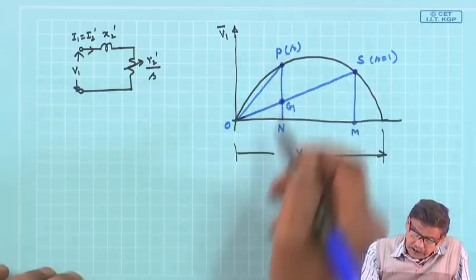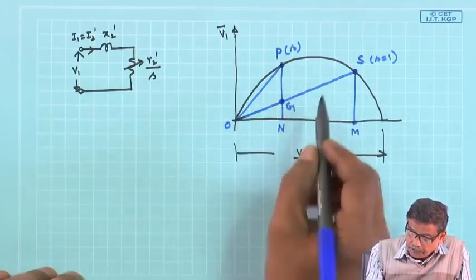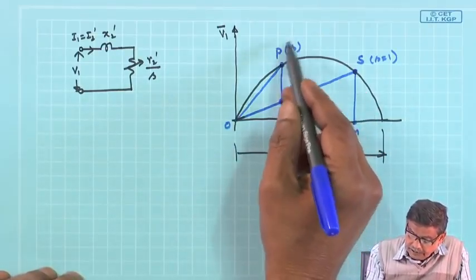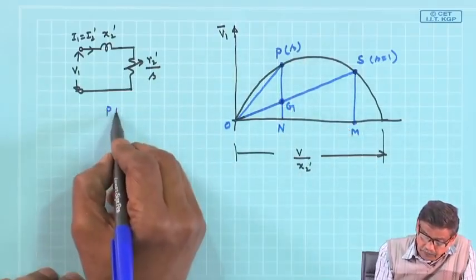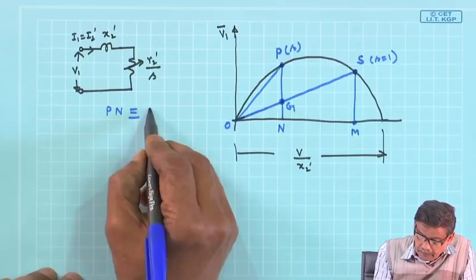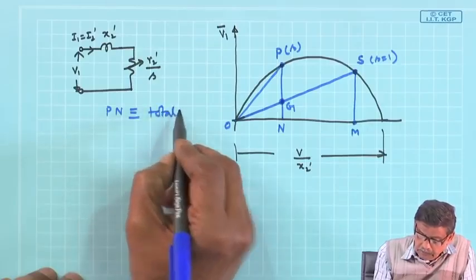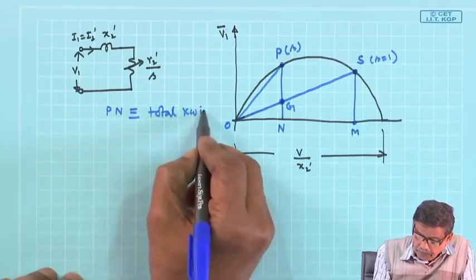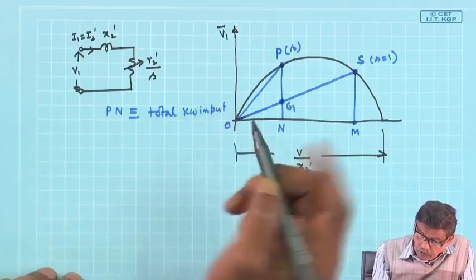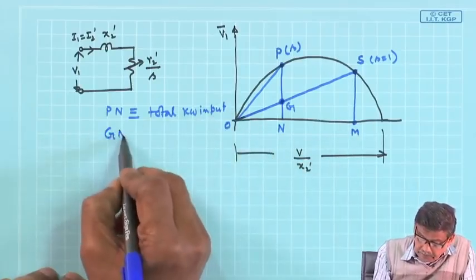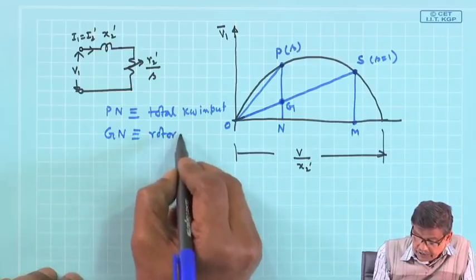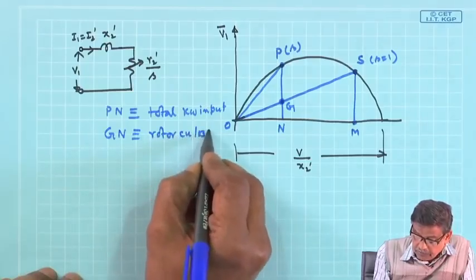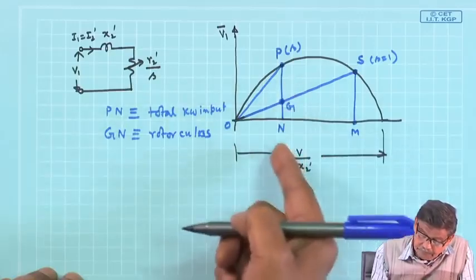Then I have shown that the total input power at this slip is Pn, total kilowatt input. Also I have shown that Gn is the rotor copper loss, this length will also represent rotor copper loss at this slip.